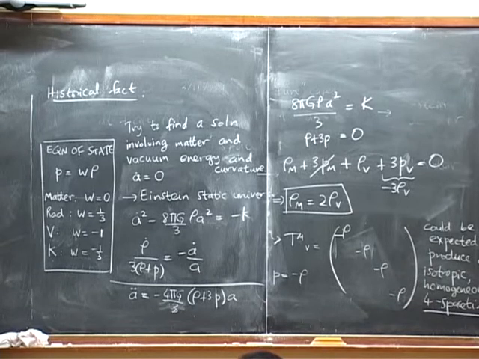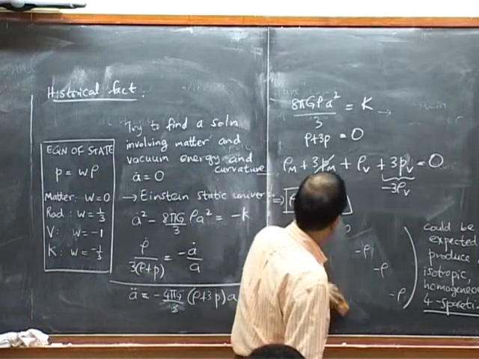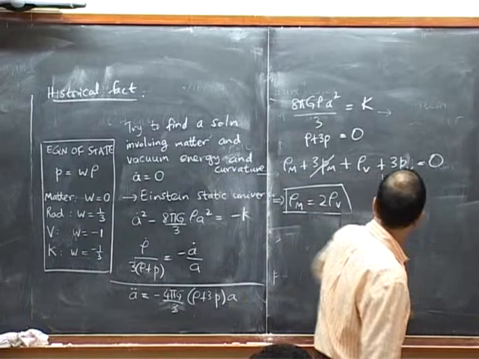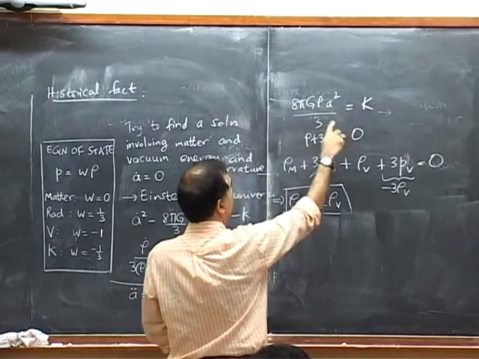okay, actually this is all because the other equation just determines k. Right. And this one is rho matter plus rho vacuum.